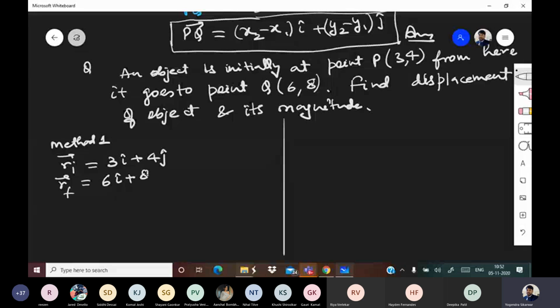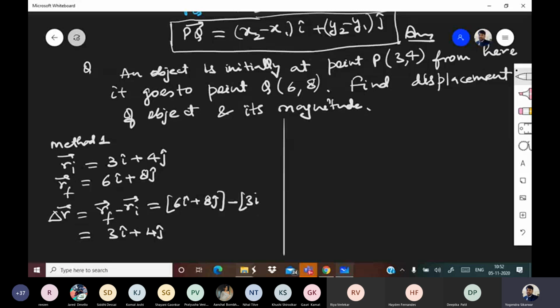So delta R, which is displacement, is R final vector minus R initial, which is 6i plus 8j minus 3i plus 4j, which ultimately comes out to be 3i plus 4j. And now that gives you delta R is equal to under root of 3 square plus 4 square, which is 5 units. Okay, this is method 1.